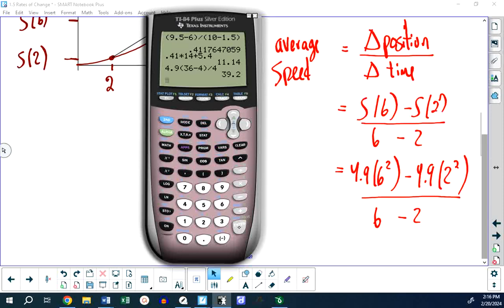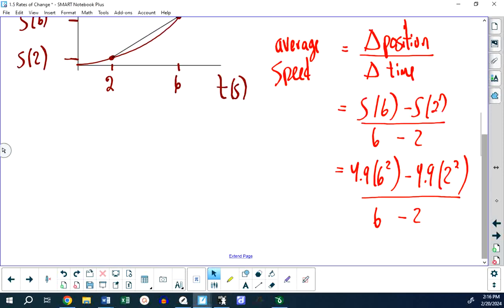39.2 is right, correct? Okay, and you take a look at the units of what we did. Our rate of change was measuring position divided by time, so we're getting 39.2 meters per second. And that's an average rate of change.